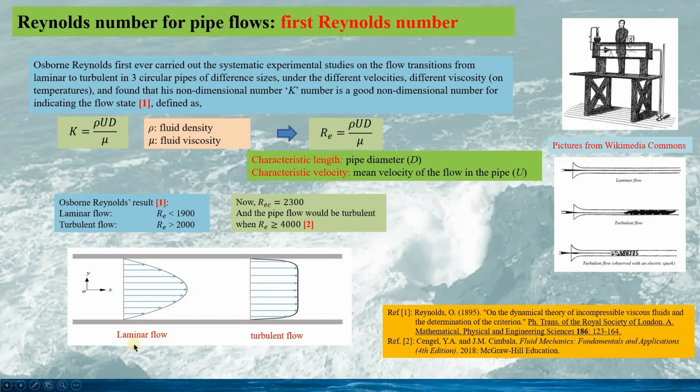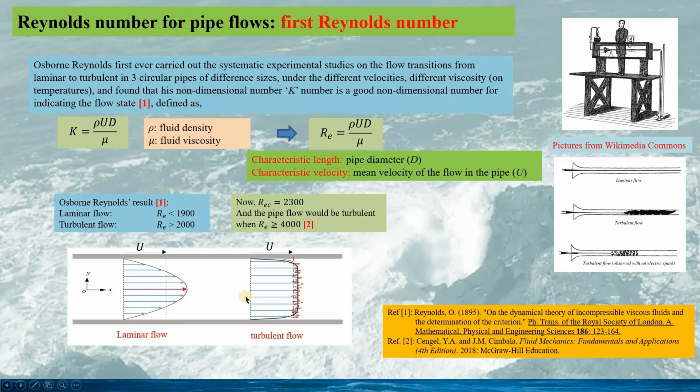So why do we choose the mean velocity of the flow in the pipe as the characteristic velocity? If we look at the laminar flow and the turbulent flow, we can see in the laminar flow, the velocity would be well defined. But in the turbulent flow, we can see the fluctuations of the flow. So the mean velocity for both laminar and turbulent flows is a well-defined velocity.